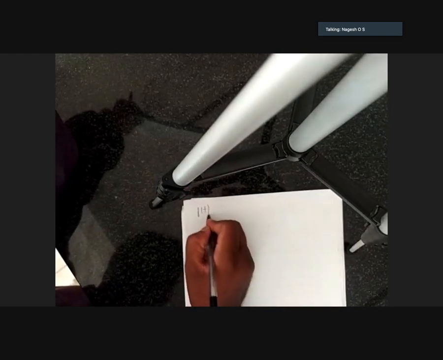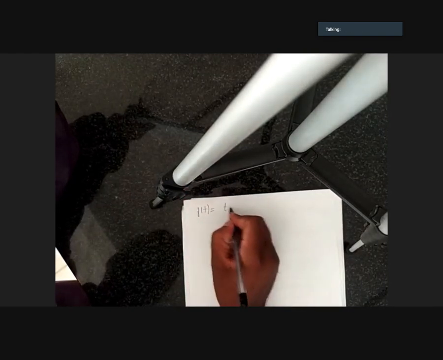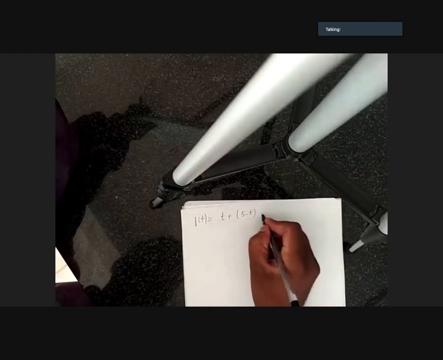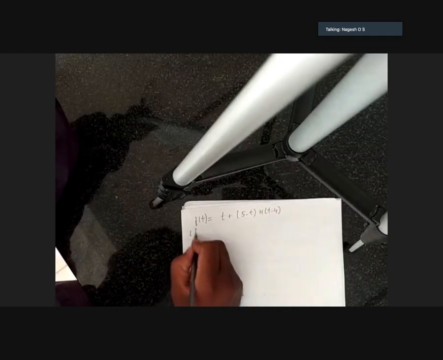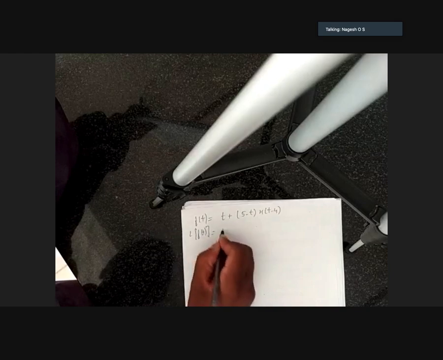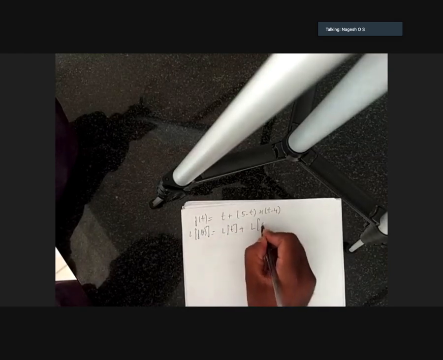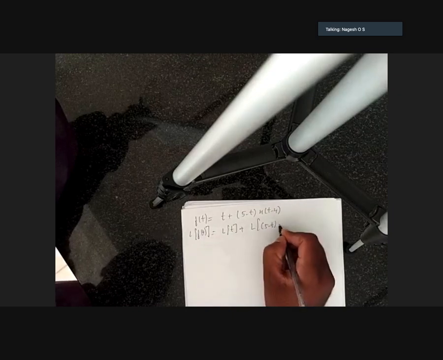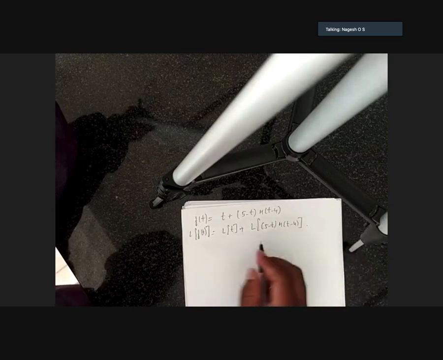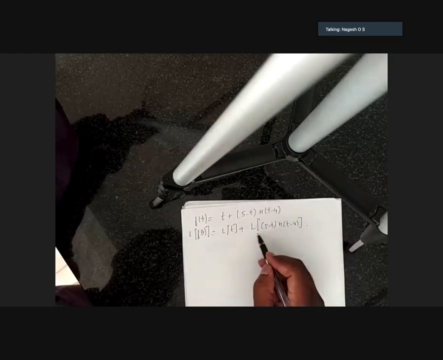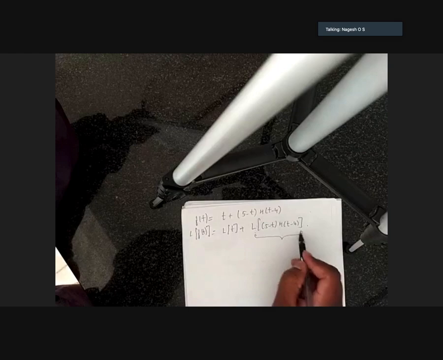F of t, we got t plus 5 minus t, h of t minus 4. Laplace transform of f of t is equal to Laplace transform of t plus Laplace transform of 5 minus t, h of t minus 4. We calculated this here.